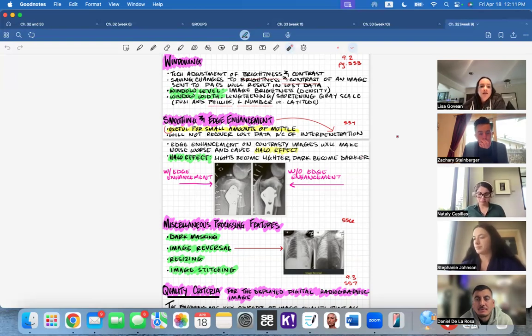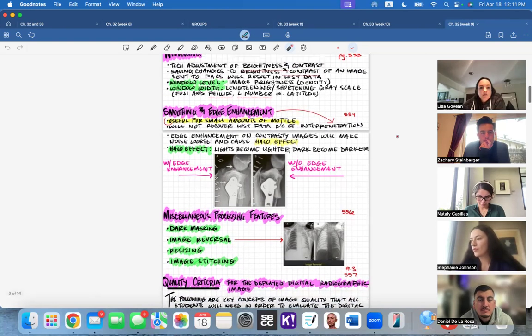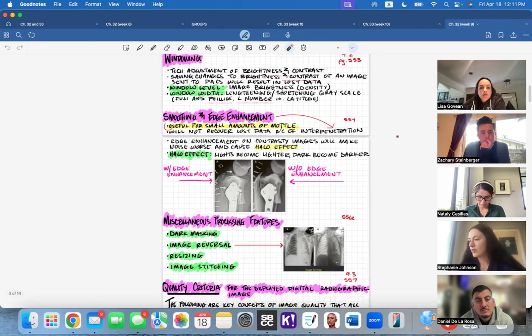All right, windowing, smoothing, edge enhancement. Anybody? Thoughts on these? I still don't really get that whole smoothing and edge enhancement thing, because I don't think I've ever seen it done. Or if I have, I didn't recognize that I was seeing it.